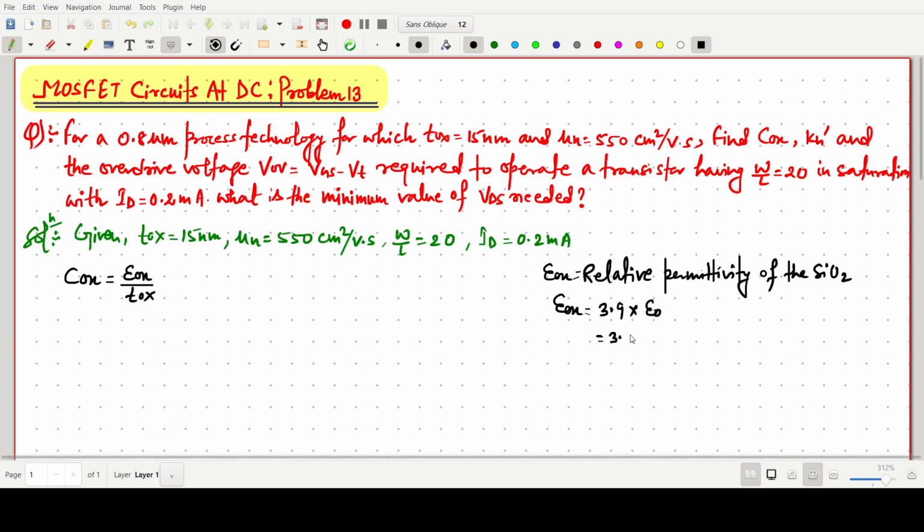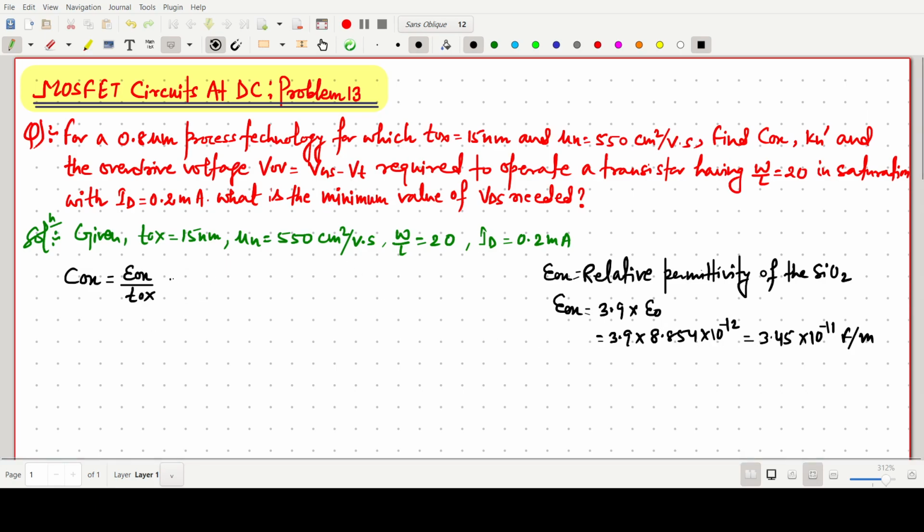So this value epsilon naught for the free space will be 8.854 into 10 to the power minus 12. Okay, so if we solve, it will come 3.45 into 10 to the power minus 11 farad per meter.